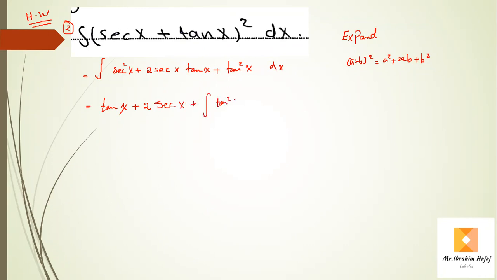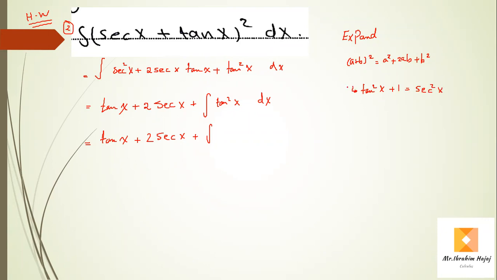Of tan squared x. There is no direct rule for tan squared, so we have to replace it with a trig identity. We know that tan squared x plus 1 equals sec squared x from the identities.